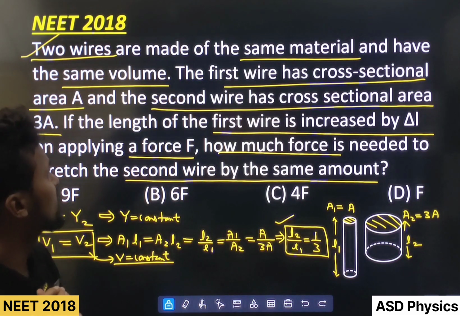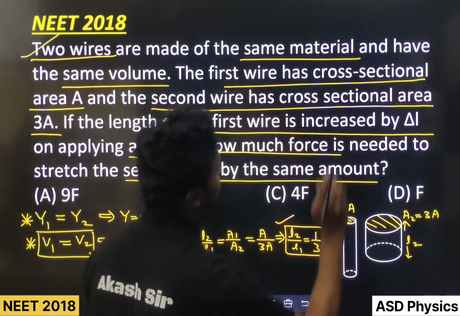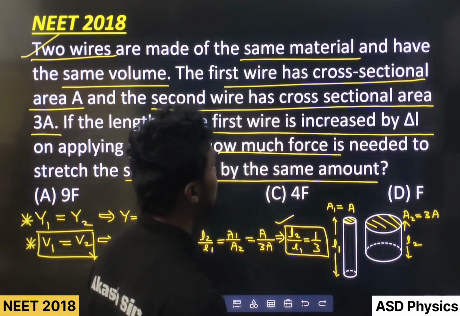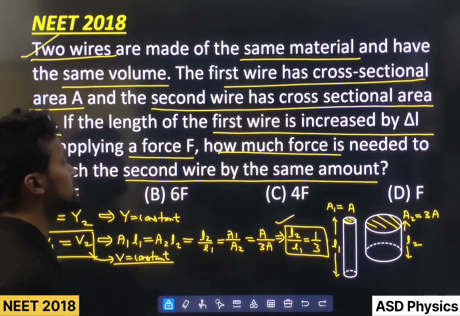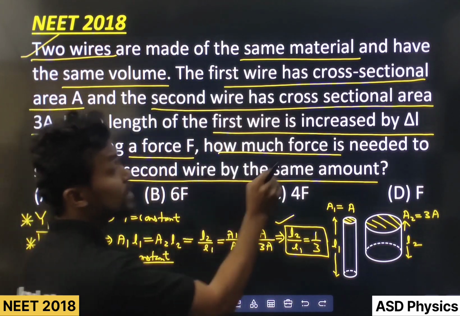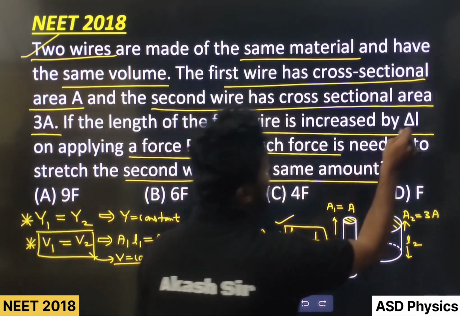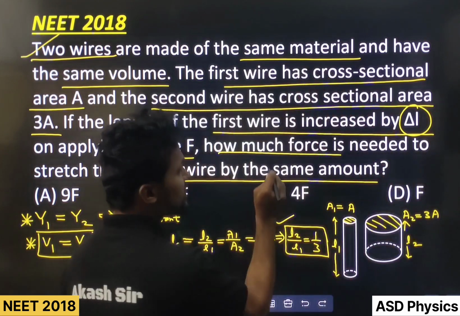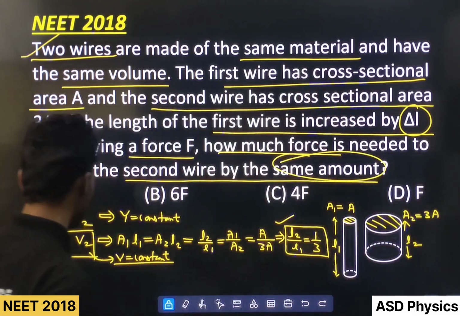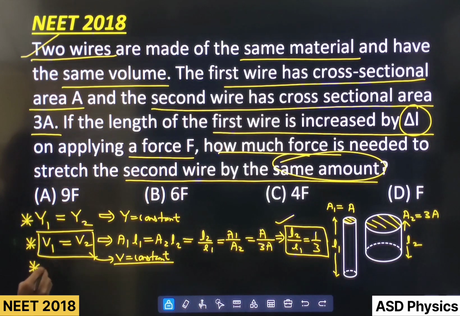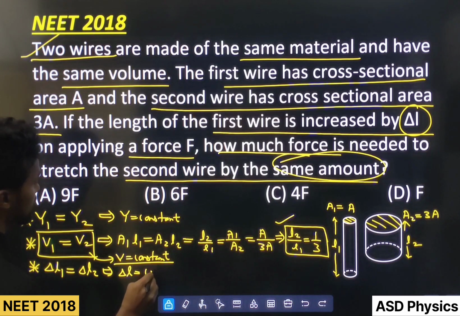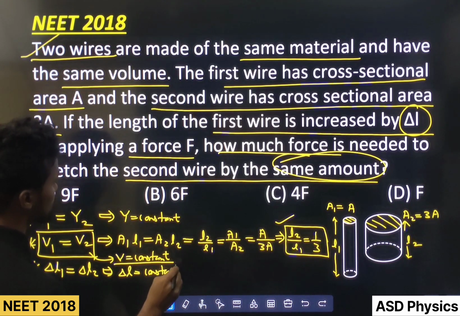After that, the length of the first wire is increased by delta L. Then how much force is needed to stretch the second wire by the same amount? That means here also delta L, the same amount. So delta L1 is equal to delta L2, that means delta L is also constant.